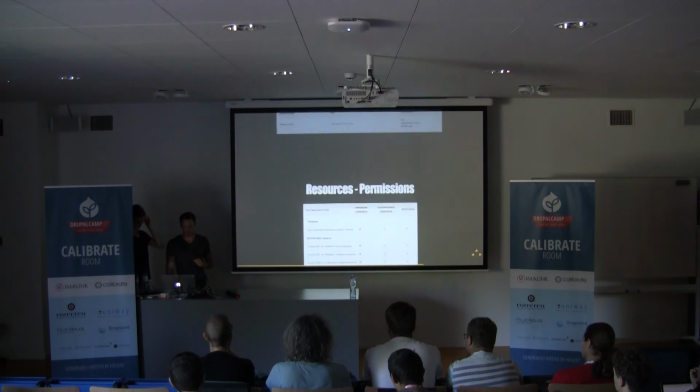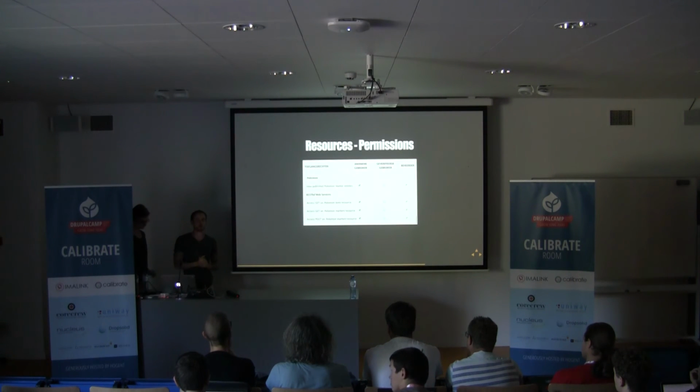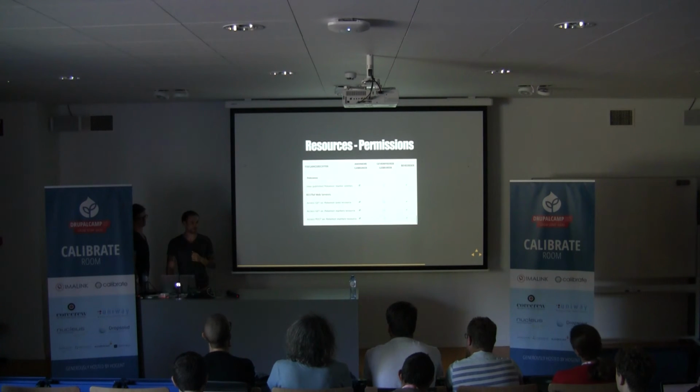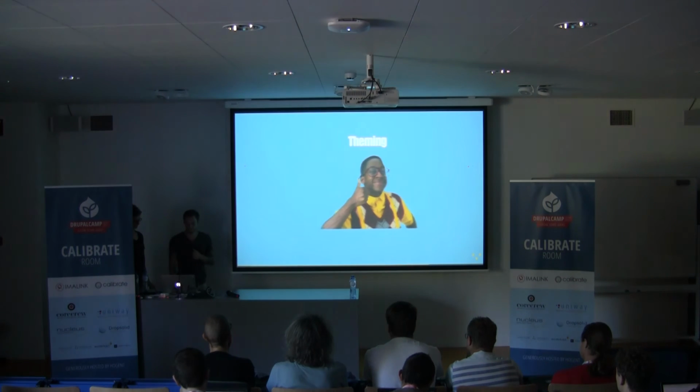And last but not least, Drupal 8 core will automatically expose a permission for each function implemented in your resource. So we only have one, the get. And then you can configure which user can access the endpoint on your resource. So that was the resources.